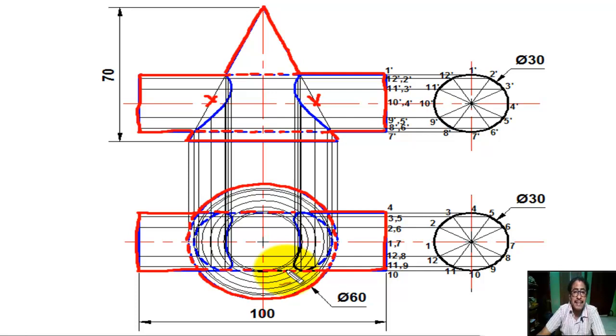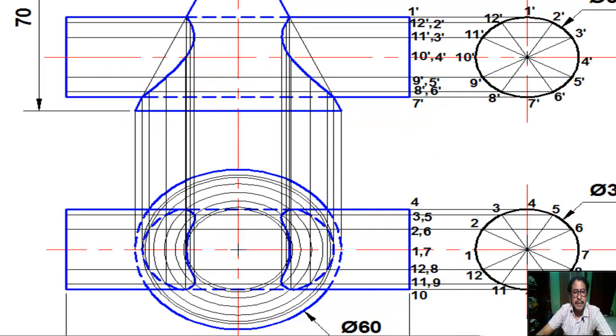Now we draw the curve of intersection. We draw this curve of intersection in the front view, and also in the top view we draw this curve.